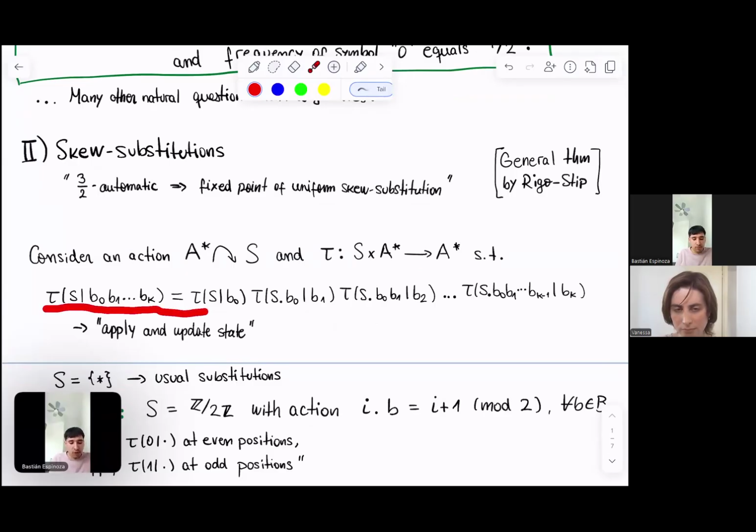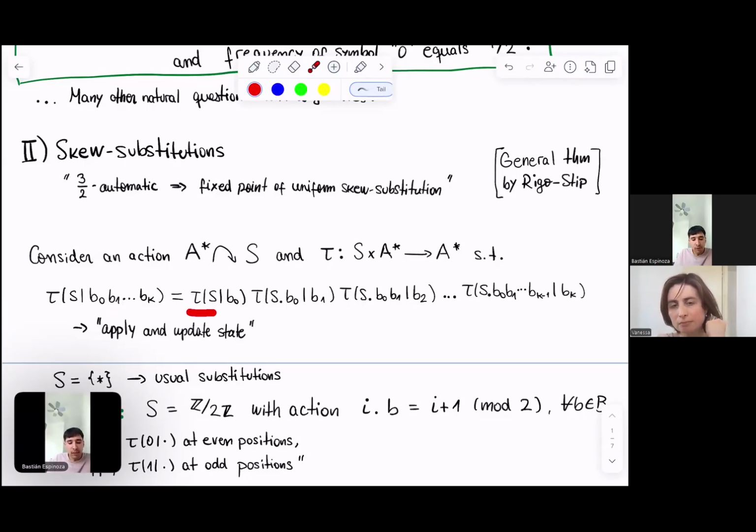So let me just start by saying that the idea here is that, as I was saying, we have a state space, S, and when we apply this skew substitution, each time that we read a letter, what we do is apply the substitution related to this state, and then we update the state. So we apply and update, apply and update. This is what this equation is saying.